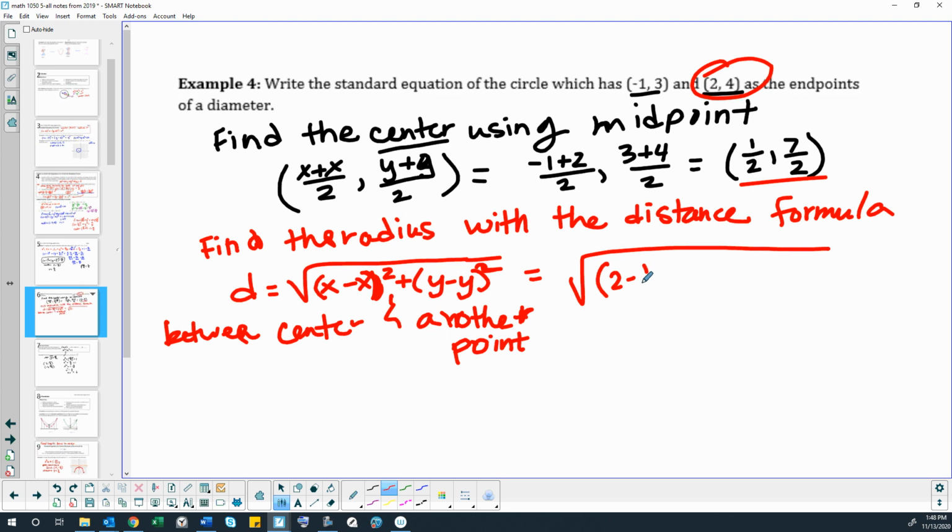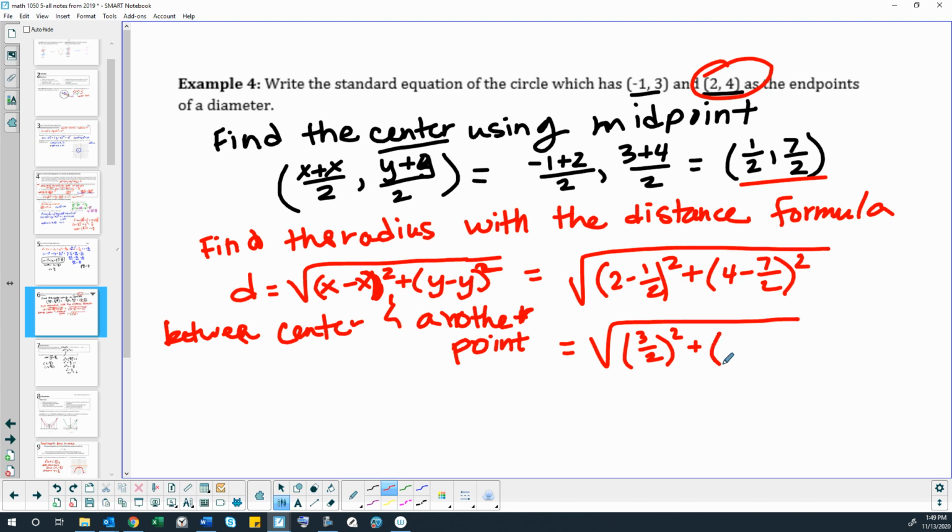So we're going to do 2 minus 1/2 squared, and then 4 minus 7/2 squared, and that gives us 1.5 or 3/2 squared, and then 4 would be 8/2, so 8/2 minus 7/2 is 1/2 squared, which would give us 9/4 plus 1/4, so 10/4.